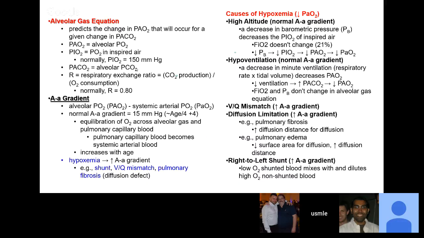PiO2, once again, is the oxygen pressure that is inspired, and the normal value, which I suggest you keep in mind, you don't have to memorize it because sometimes they would give you the value in the back of the lab thing, but sometimes it can save time. If you can remember it, fine. If you don't, it's fine as well. PiO2 is 150 millimeters of mercury.